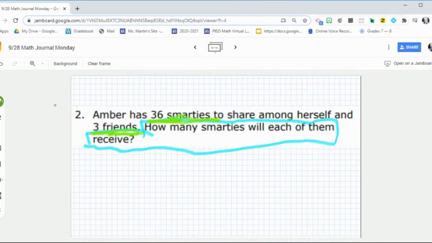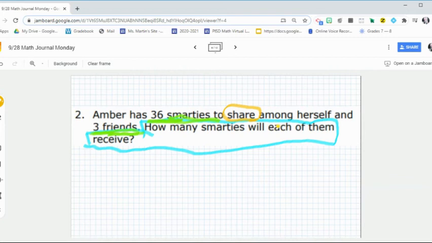Step 3, circle the important vocabulary words. Amber has 36 Smarties to share. Sharing. That's a really important vocabulary word.